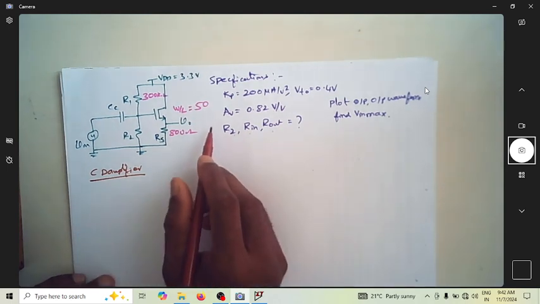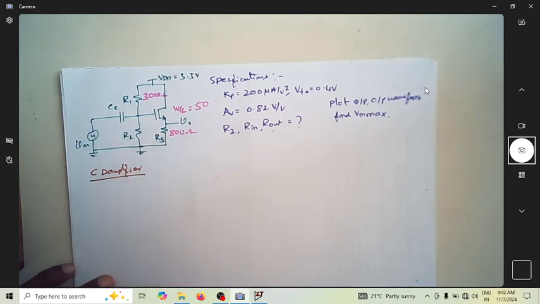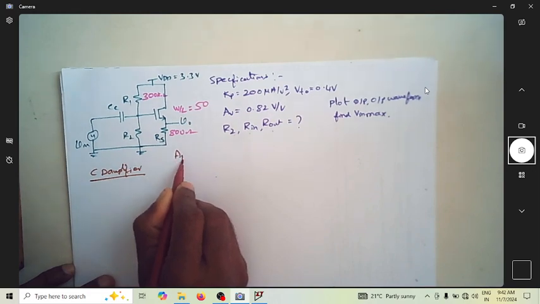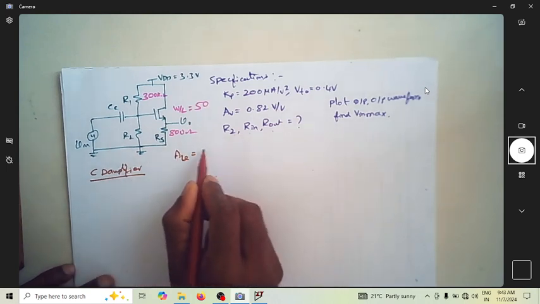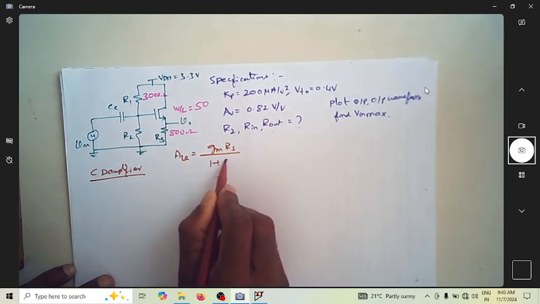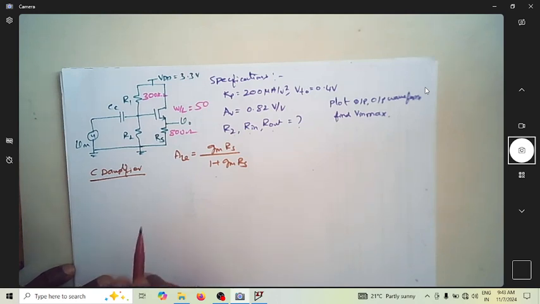Now to start with, let us write all the equations that are relevant to this circuit diagram. Let us start with the voltage gain expression of this CD amplifier, which is given by GM RS by 1 plus GM RS. So this is the expression for the voltage gain.